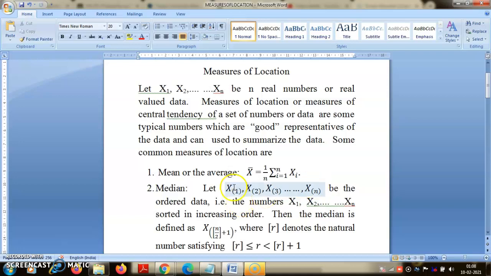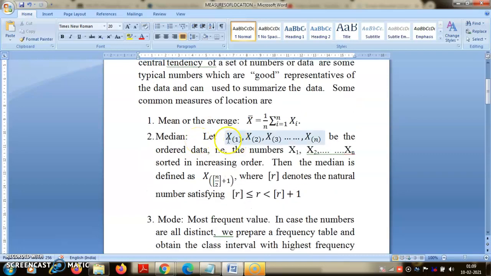Now note that x1, x2, ..., xn need not be equal to this x suffix 1, x suffix 2, ..., x suffix n in this order. For example, in a set of numbers I can have, let us say, 2, -1 and 5. Then x suffix 1 is -1, whereas x1 is 2.